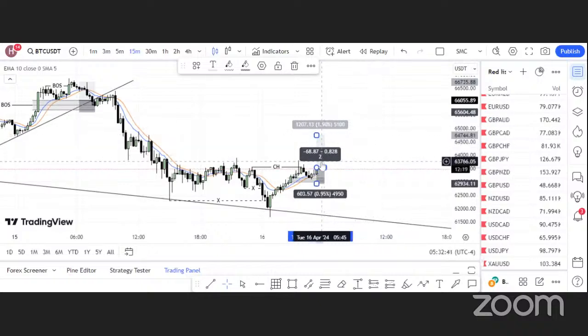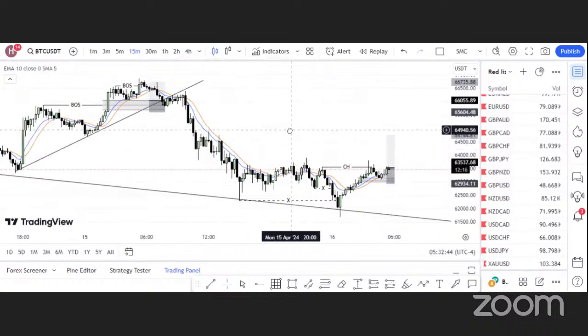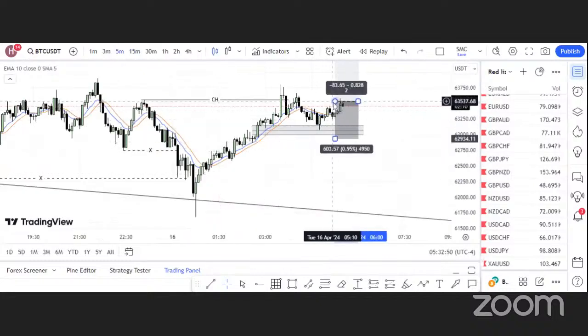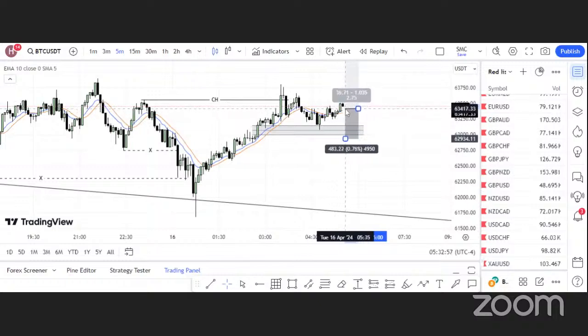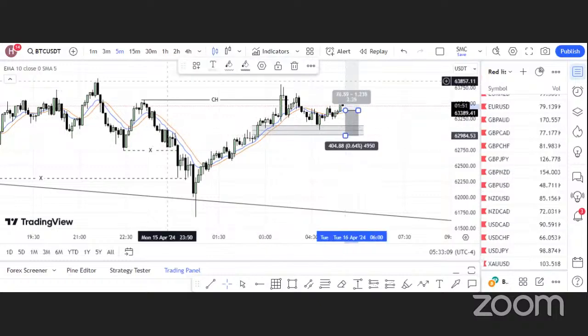Okay. All right. So let's go back to the 5 minutes time frame. I think the market is trying to make another retest. So if we get another successful retest here, because right now we have our stop loss is smaller. Okay.